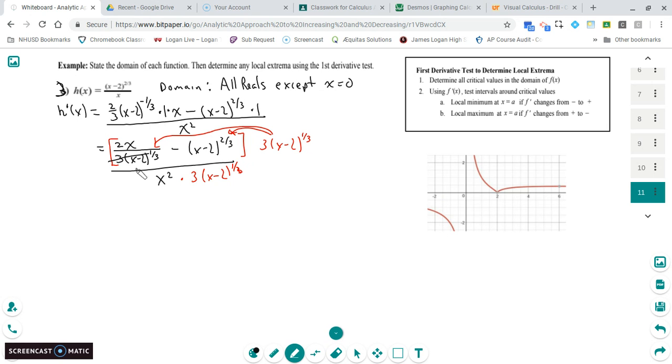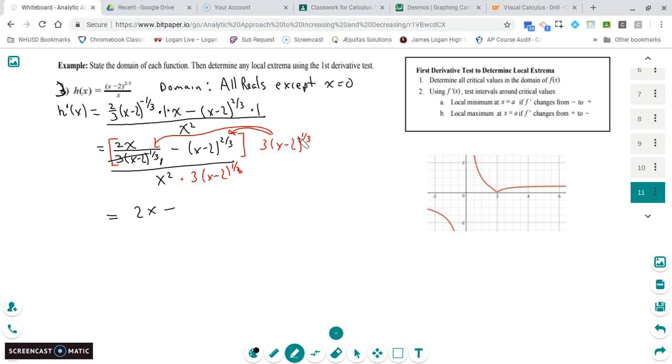So the whole denominator is reduced and we're left with just 2x. So 3 times x minus 2 to the 1/3 divided by 3 times x minus 2 to the 1/3, that's just 1. So we just have 2x minus.